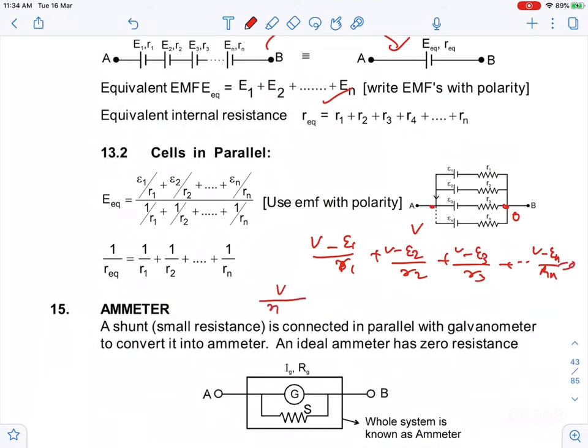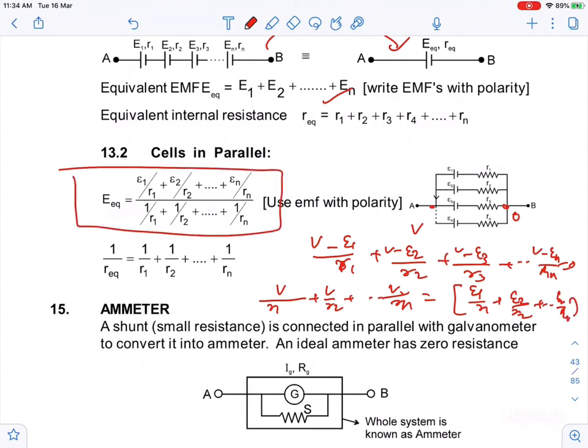So you will write V by R1 plus V by R2 up to V by Rn equal to E1 by R1 plus E2 by R2 up to En by Rn. Taking V common, V equivalent is (E1 by R1 plus E2 by R2 plus up to En by Rn) upon (1 by R1 plus 1 by R2 plus up to 1 by Rn).